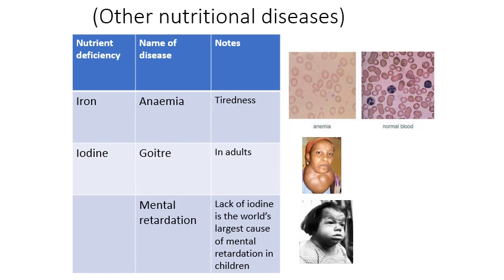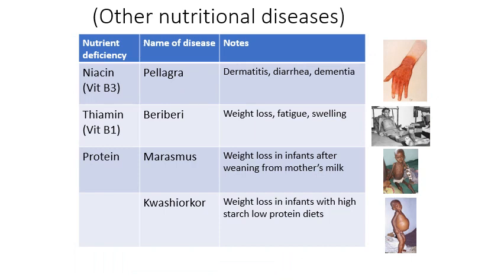Iodine deficiency also can cause a level of mental retardation if it's not ingested. Niacin, vitamin B3, deficiency forms pellagra, which can lead to problems with the skin, dermatitis, and dementia.